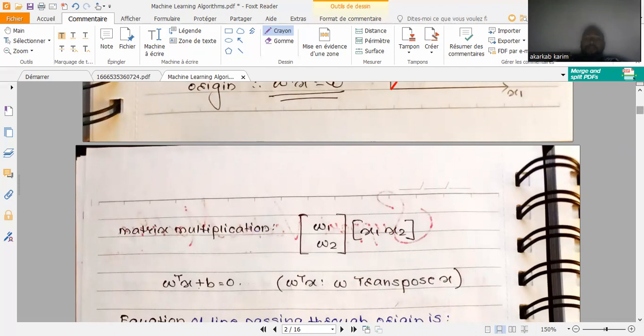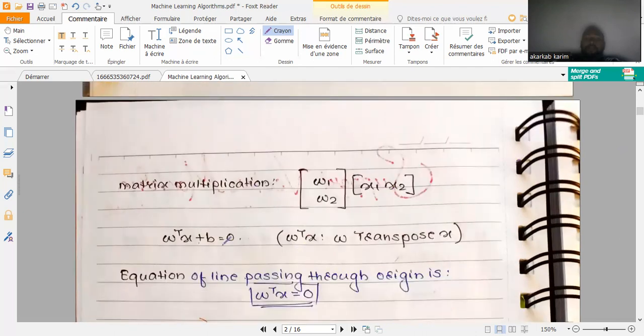So this notation of WTX is called W transpose X, because this W is a vector, and X is another vector. So we have raw features, a lot of values.